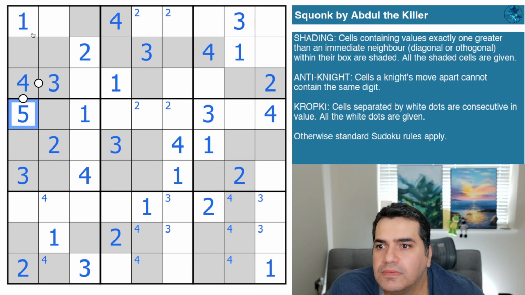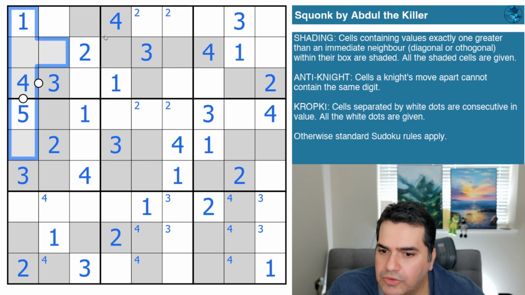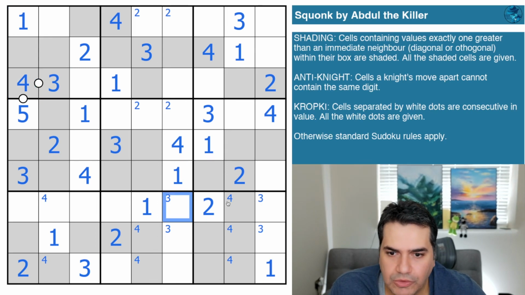5s. Couldn't be there because of the knight's move. Hang on, I didn't think about cross boxes, did I? This 3 is not possible. It would need to have a white Kropki dot.